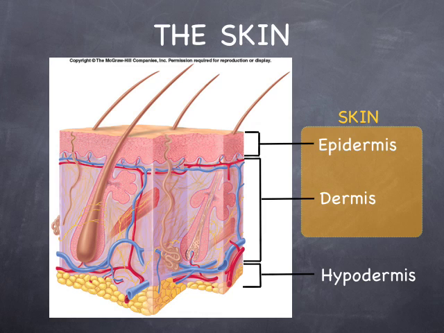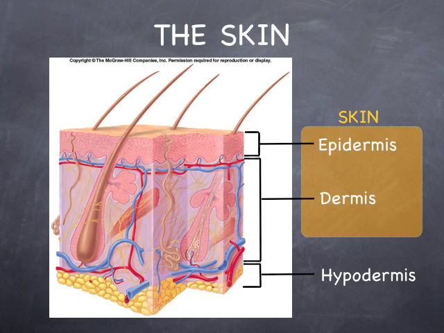So hypodermis literally means below the dermis. Very simple. So there's a layer of tissue down here below the dermis. Again, we don't consider this to be skin. These two really make up what we would call the skin.